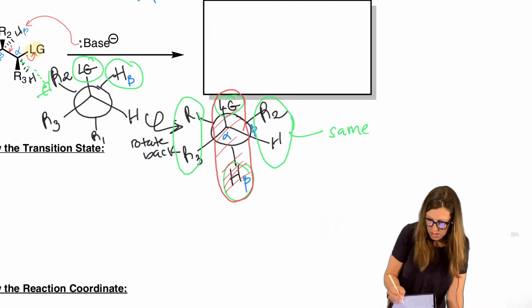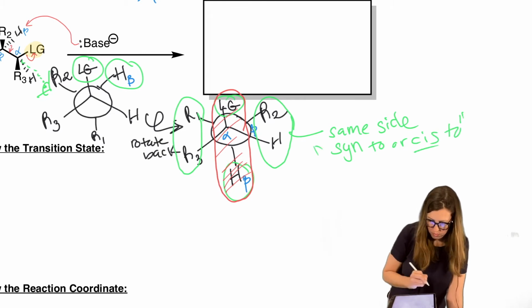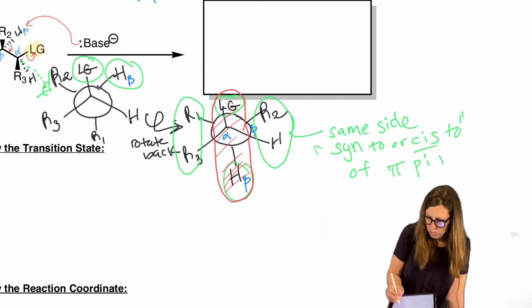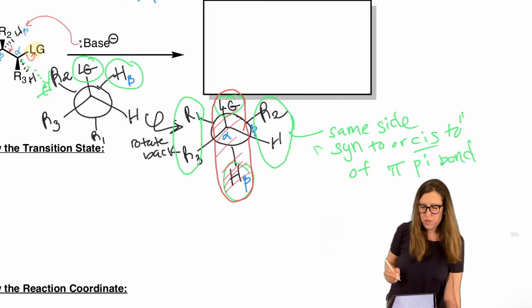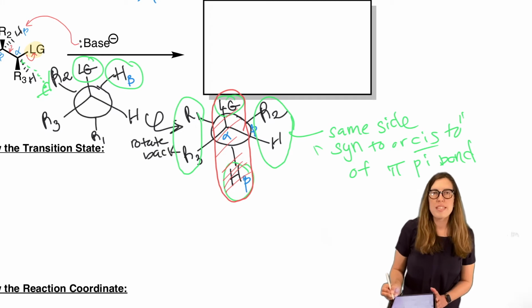Same side. We use the phrase they're syn to each other or cis to a pi bond. So we'd say the R2 is cis to the H, or the R2 is syn to the H. They're on the same side as the pi bond.